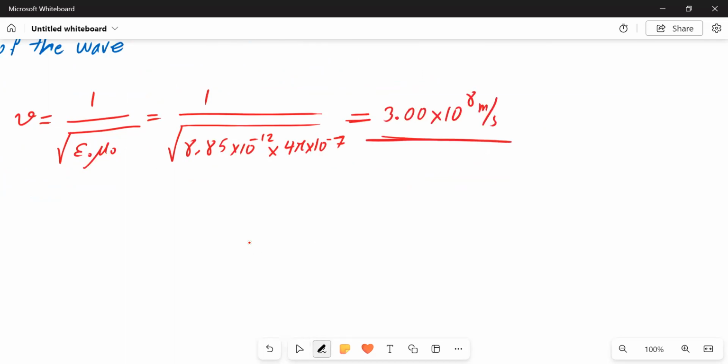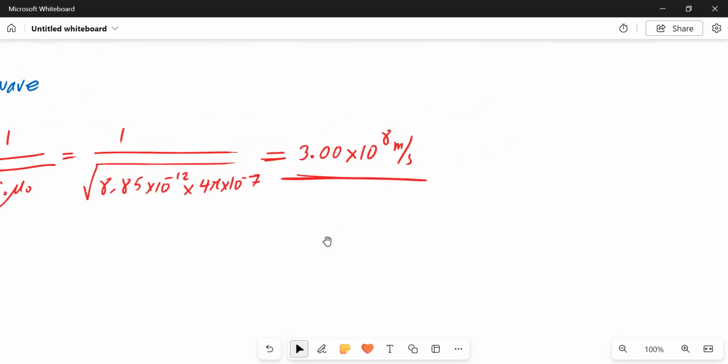And what is this? Well, there's only one wave that moves at this speed in nature, and that is called light. So this is the speed of light, which we show by c.